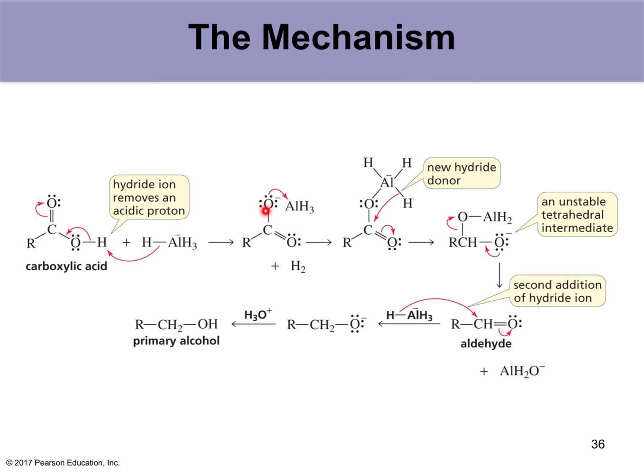Since it's an O minus, the resulting ion can be the counter ion for this oxygen. It can also form a bond between oxygen and aluminum, because aluminum now has 3 bonds, earlier it had 4. Then aluminum will carry a negative charge since it has 4 bonds. 3 minus 4, negative 1, according to the formal charges.